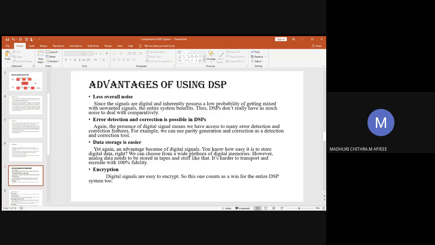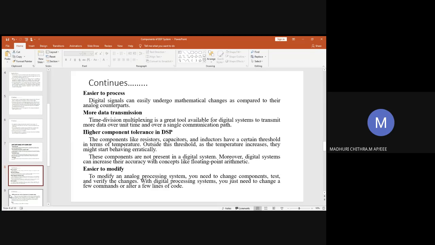So these are some of the advantages of using DSP: less overall noise, error detection and correction, and data storage, where we can store more data in the DSP system. Next, encryption. Other advantages are that it is easier to process, more data transmission, higher component tolerance, and it is easier to modify.